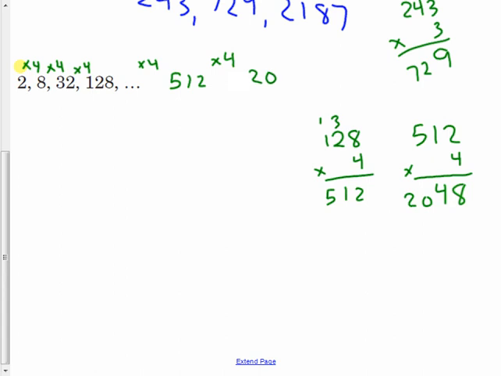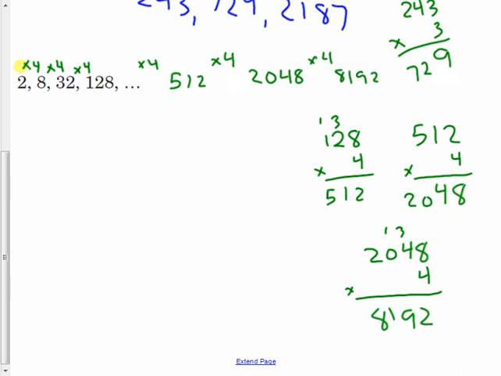Now we're up to 2,048, and we have to take that times 4. 4 times 4 is 16, plus the 3 is 19. 0 and 1. Looks like we have 8,192. So my next 3 numbers are 512, 2,048, and 8,192.